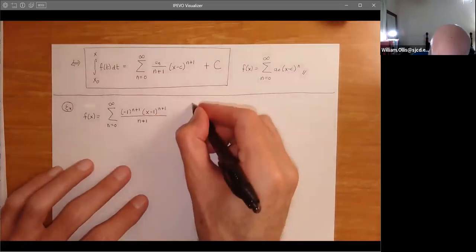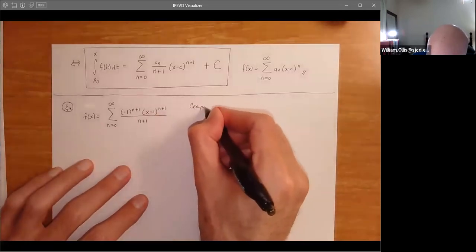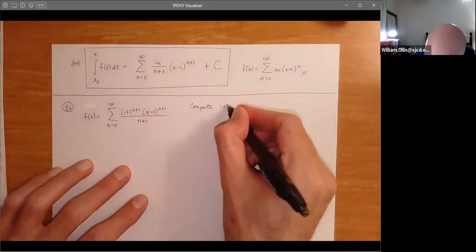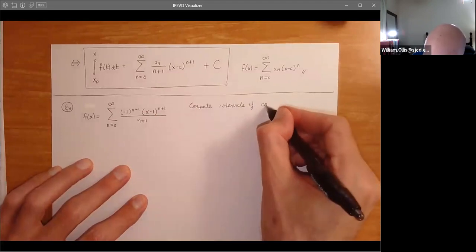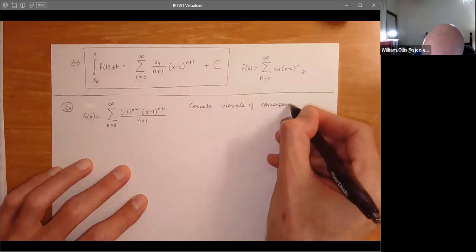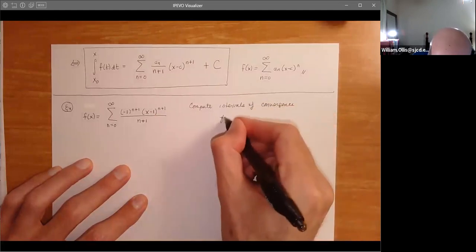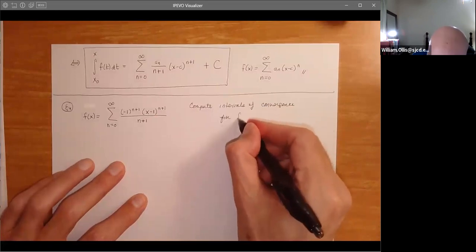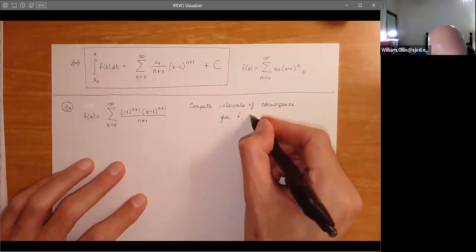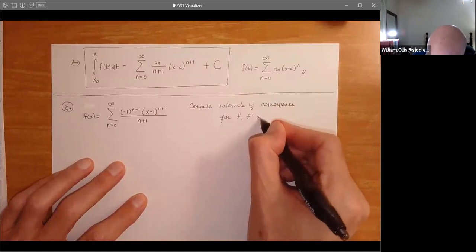So basically what we're going to do is compute intervals of convergence for, in this case, f prime and the integral.